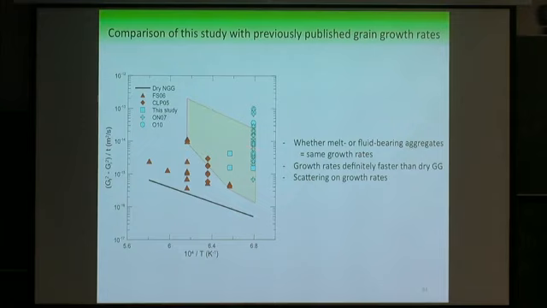However, we see that there's a large scatter in the experimental grain growth rates, which is not predicted by the theory. So, I've hypothesized that it might be due to wetted and non-wetted grain boundary migration.